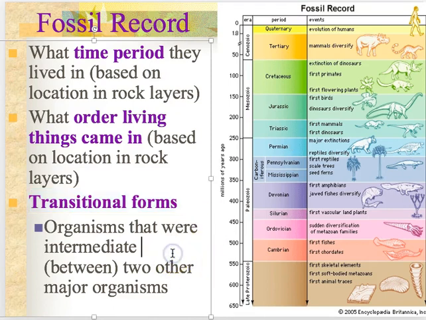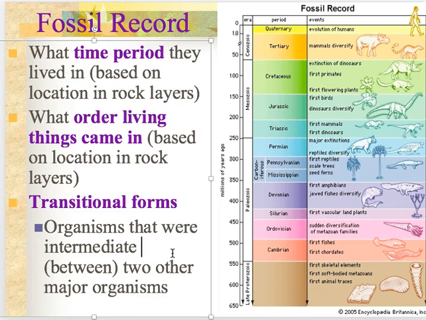They are those links between what we had found previously and what is alive today. Fossils are easily destroyed. We talked about the rock cycle and the fact that if a rock undergoes heat, pressure, or erosion, the rock is then destroyed and creates a new rock. Fossils are basically a type of rock. They're just very special rock because they are the remains of organisms that lived a long time ago.